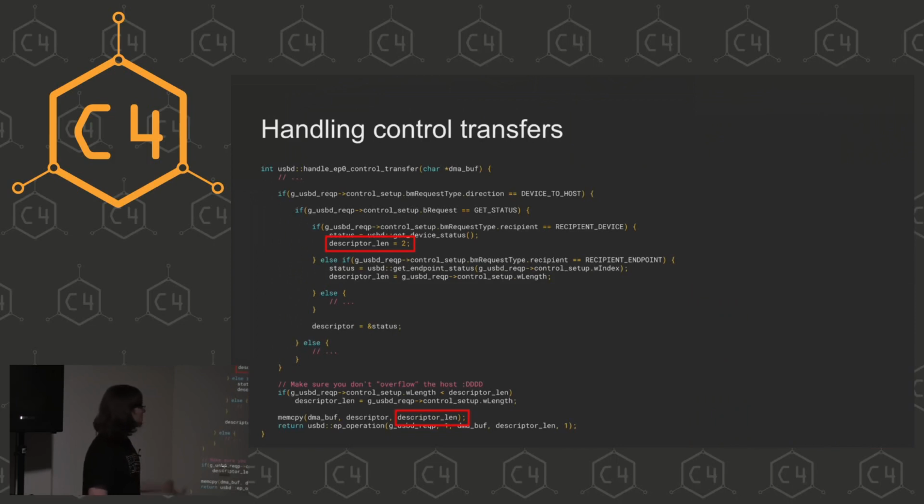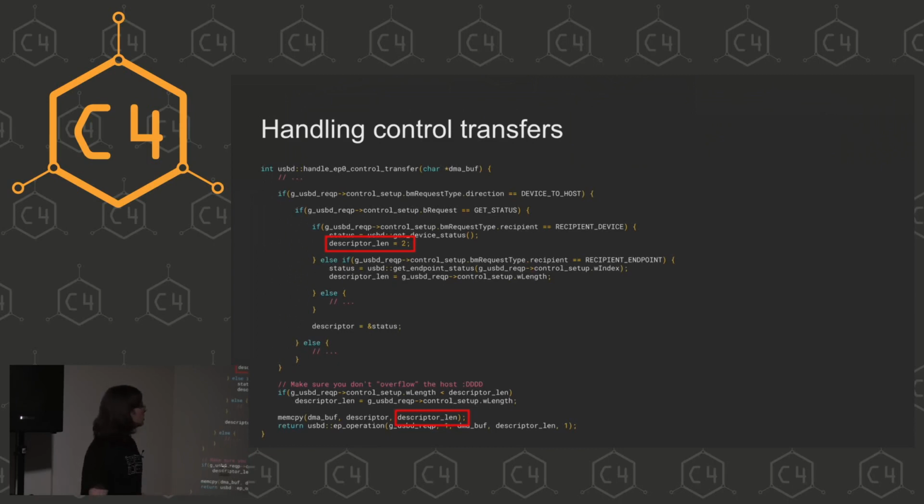If we look at another case here, we want to get the status of an endpoint. So they again fill the status variable with some return value of the function that gets the endpoint status, and it sets the descriptor length to something. Why is this here 2 and this not? This here, this GUSBD request is the same that it uses here to find out what the host wants. So this W length thing is controlled by the host.